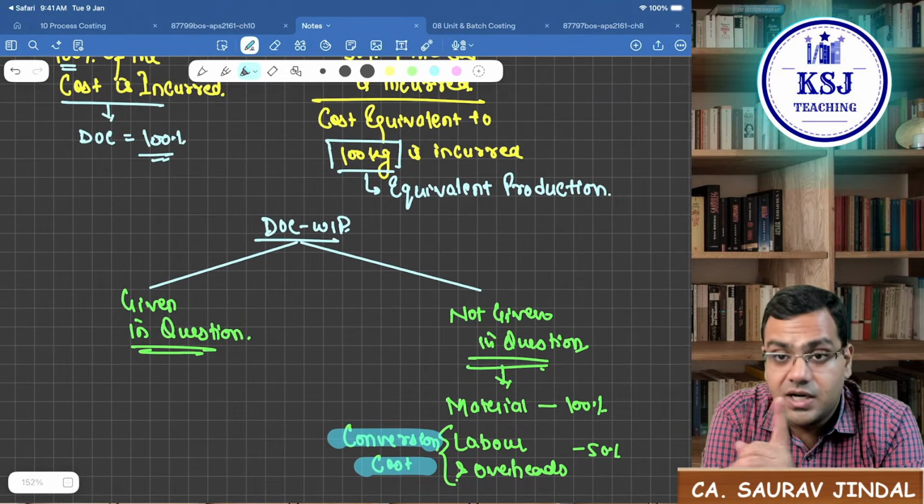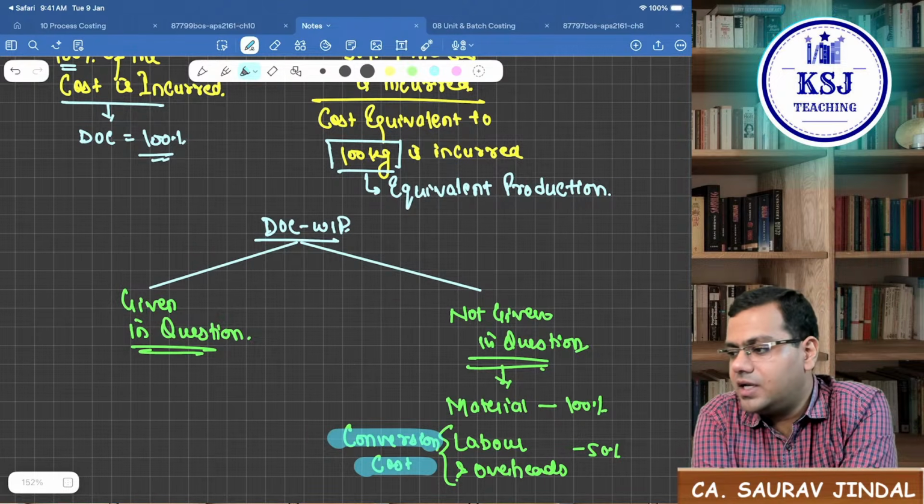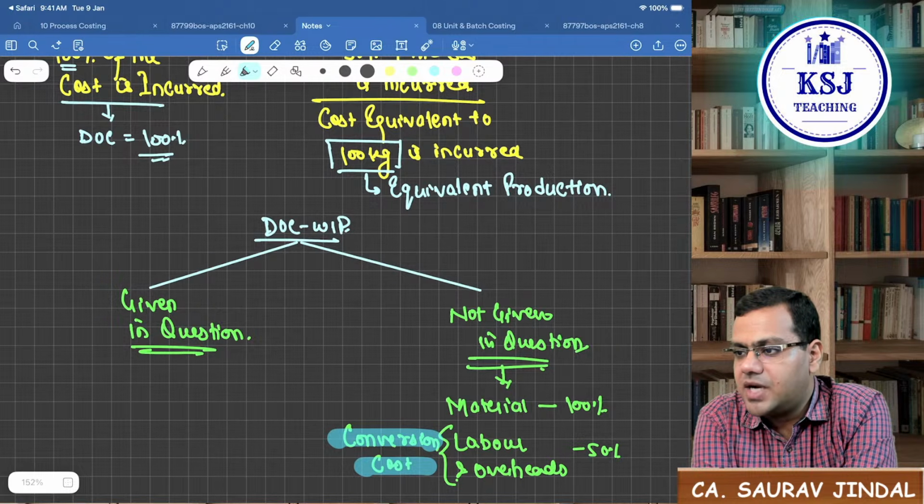Degree of completion for WIP. For finished goods, it is always going to be 100%. Is this much part clear? Yes, guys. Is this much part clear?